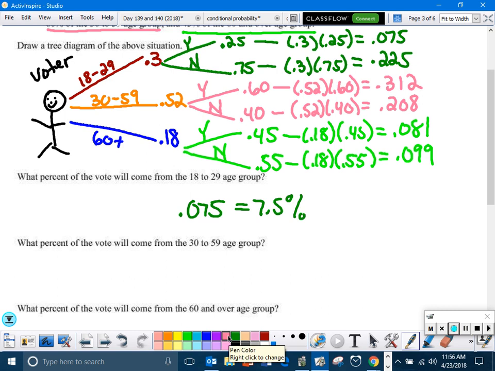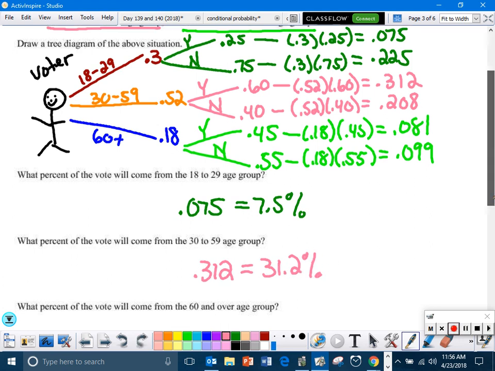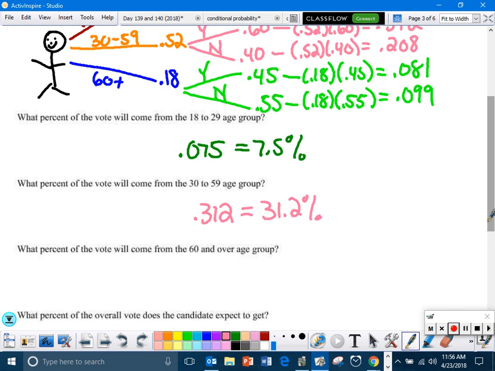Okay, that would be the 0.312, which is 31.2%. Then the next one, what percent of the vote comes from the 60 and over age group? Okay, that would be the 0.081 or 8.1%.